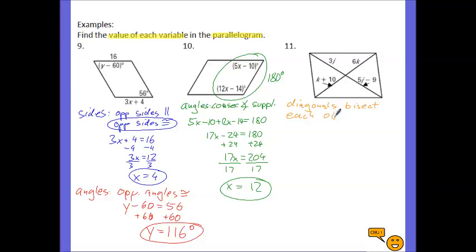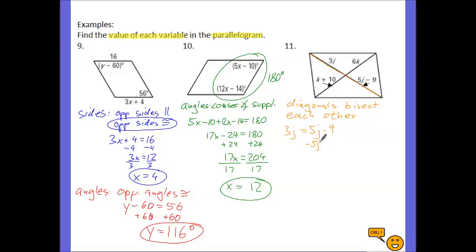So that means both diagonals are now cut into two pieces that are congruent. And so we're going to find both j and k by setting up equations. 3j has to be the same length as 5j minus 9. So 3j is equal to 5j minus 9.